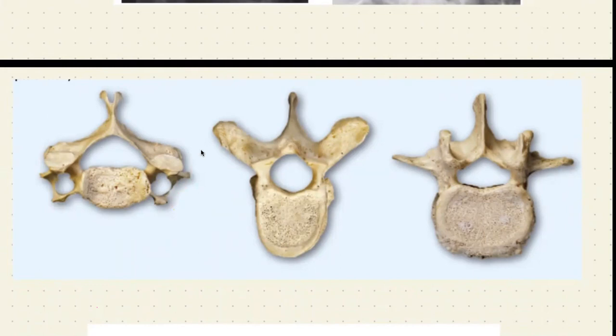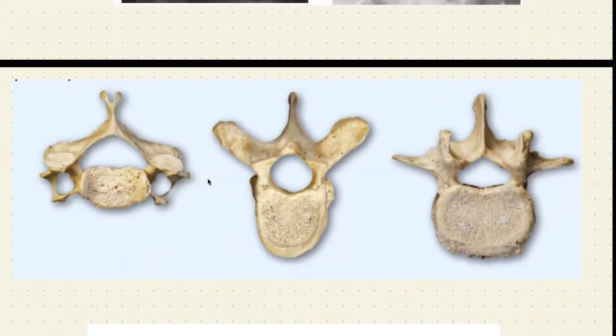Exactly. Is it the only identifying point? It has no transverse process. Okay. Any other identifying point, doctor? Smaller body. Okay. Transverse foramina.